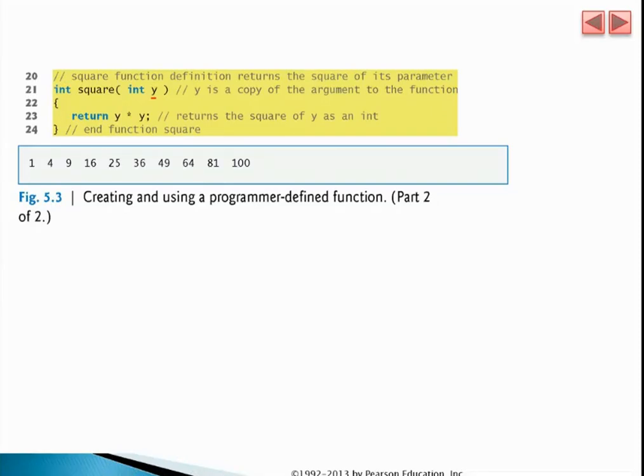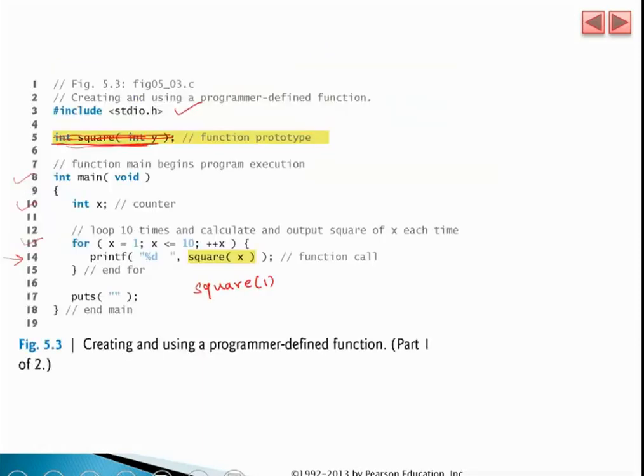Here y becomes 1. We have mentioned int y. This y becomes 1. Are you following me here? For the first time when the function is called, it will return 1 into 1, that is 1. So it will return an integer value 1, and it will get printed. So the value of square 1 is replaced by 1.